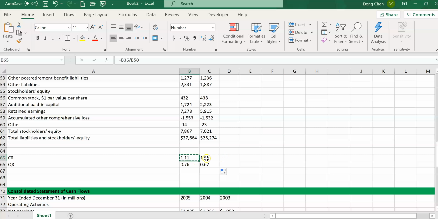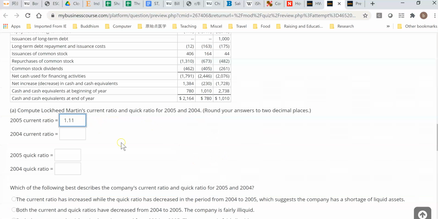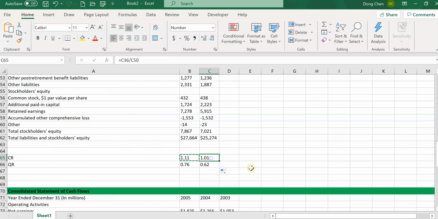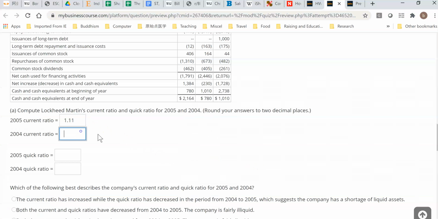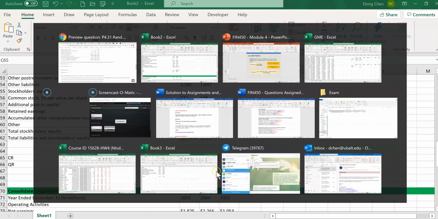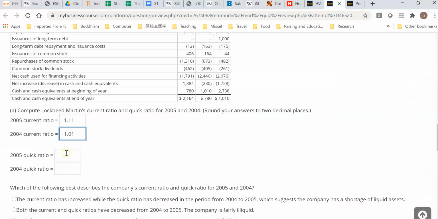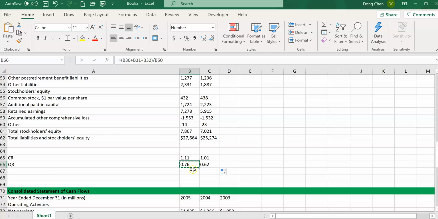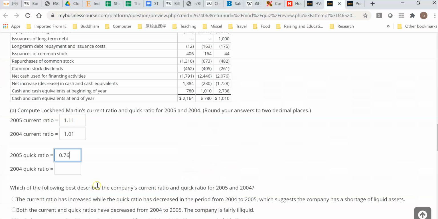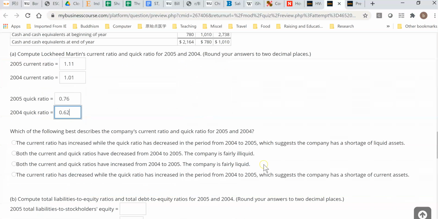So for 2005, current ratio is 1.11. And for 2004, that's 1.01. And quick ratio for 2005 is 0.76. And for 2004, it's 0.62. So then we just do a simple analysis based on these numbers.